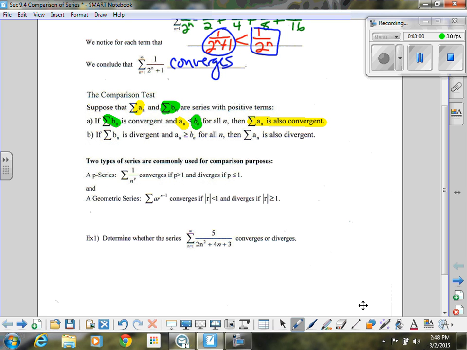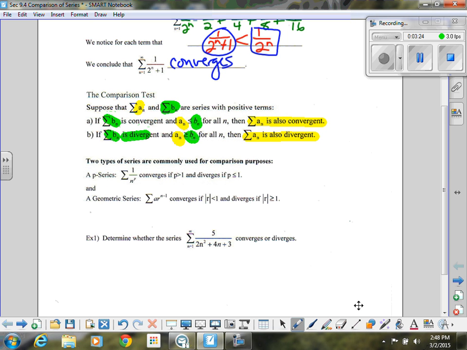Likewise, if my familiar series is divergent, then I want my actual series that I'm comparing to be greater than b sub n. So if that's true, then my a sub n is also divergent. So let's think about that.